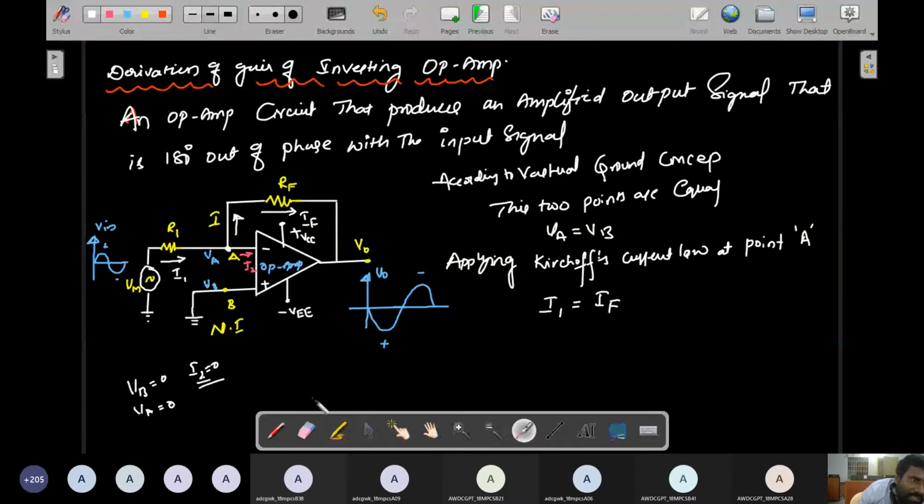So from this I'll write the voltage formula: V is equal to IR, the voltage across this resistor. Similarly V is equal to IR. Here I1 current flows through this resistor R1. I want to find the voltage, so I is equal to V by R.